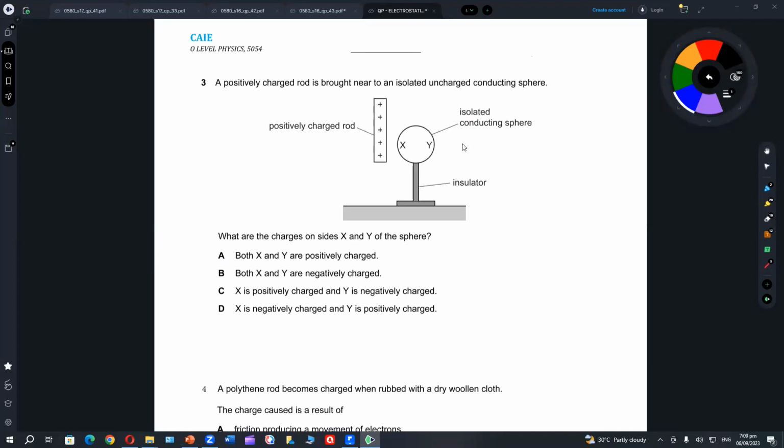A positively charged rod is brought near to an isolated uncharged conducting sphere. Positive will definitely induce negative in front of it and positive on the other side. Plus and minus should be facing each other. And it's a conducting sphere, so electrons can transfer. I have made the concept.